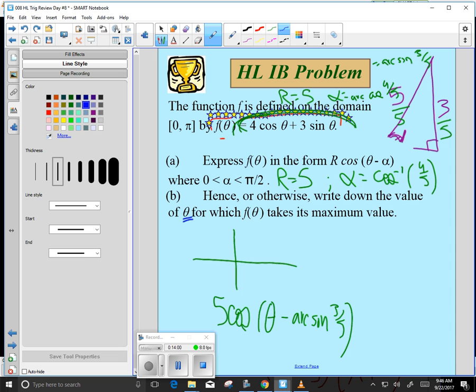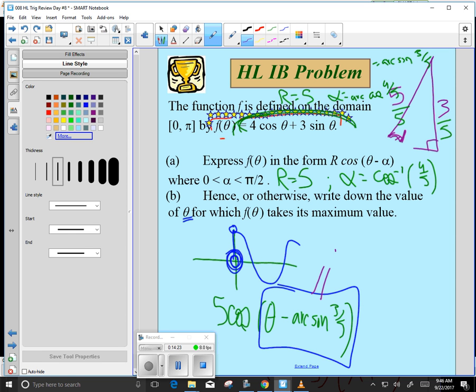What's the cosine of 0? 1. So it starts up like this, right? Where does the maximum value happen? At 0. So what do you want this equal to, to get the maximum? 0. Because the cosine of 0 is 1, and 1 times 5 is 5.